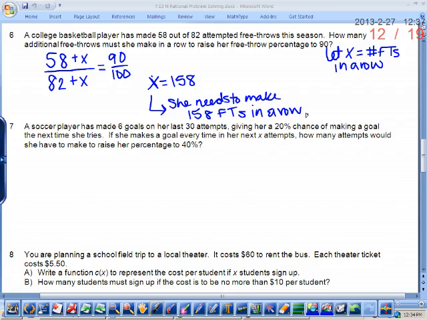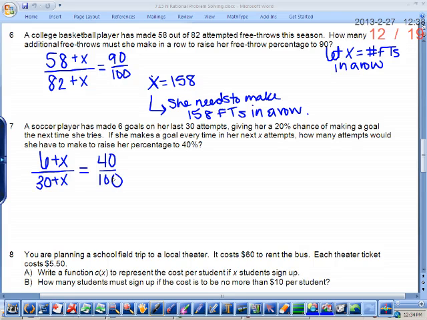All right, so tell me the equation. 6 plus x over 30 plus x is equal to 4 over 10. Yeah, equals 40 over 100, or 4 over 10 if you would like to simplify that.